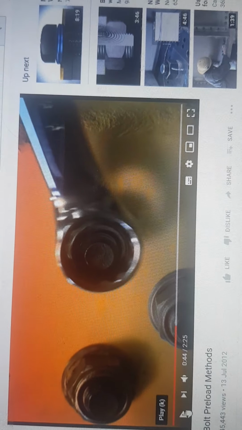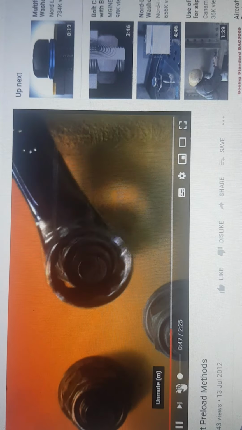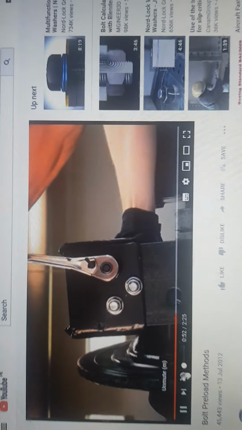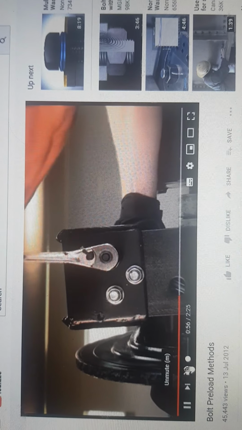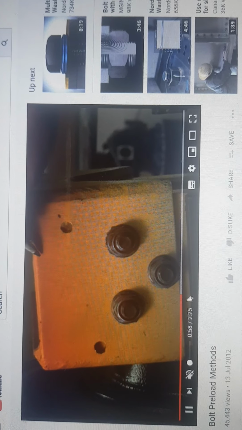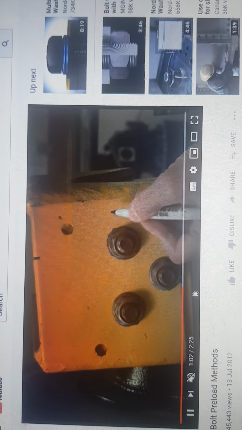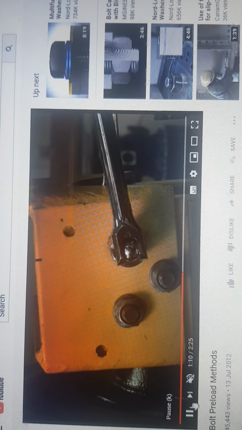The man is tightening this bolt. And what is he actually doing? Just see this carefully, this man is applying some force like this.